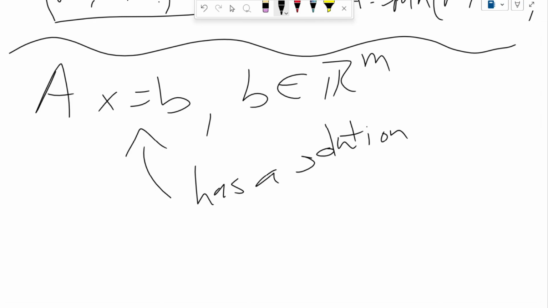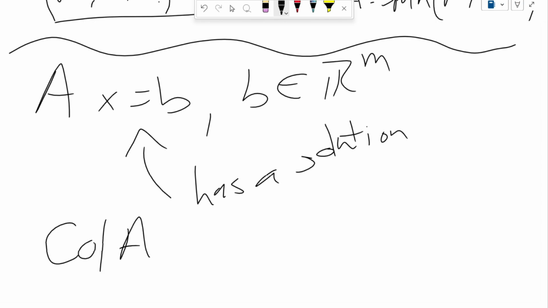Maybe it has more than one solution, but it must have at least one. We call this the column space, col of A.